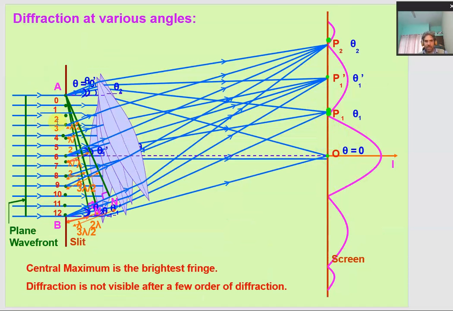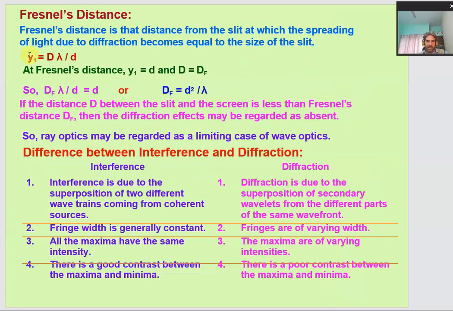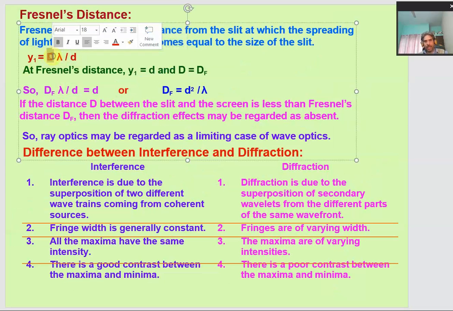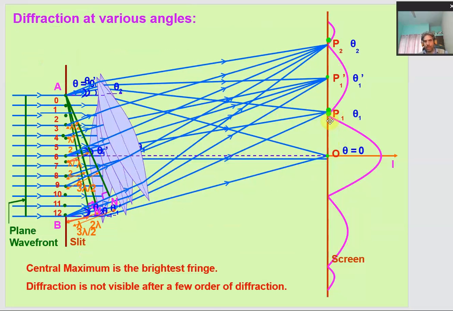Because this distance will change, as we have discussed, depending upon small d and capital D. So at a particular distance D, the spreading of the light from the center of the screen will be equal to the size of the slit, right?